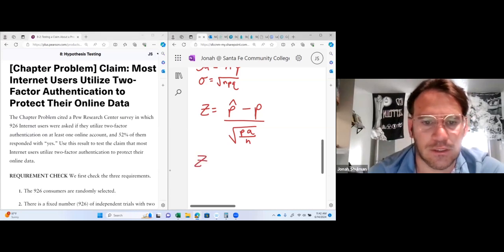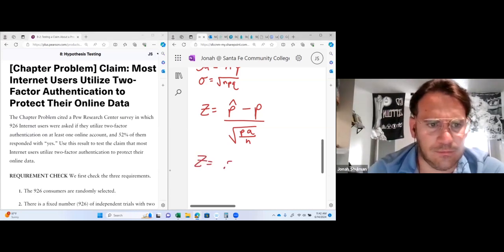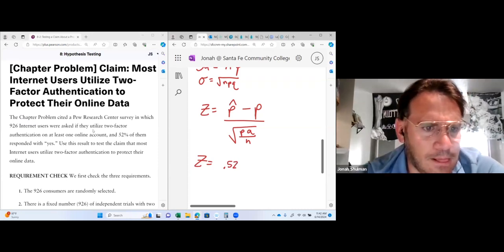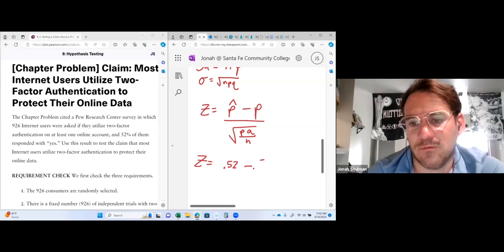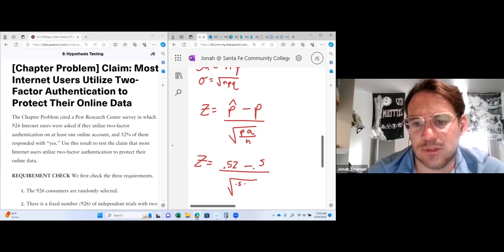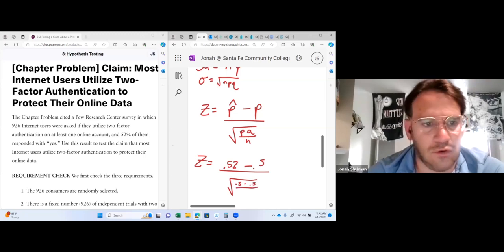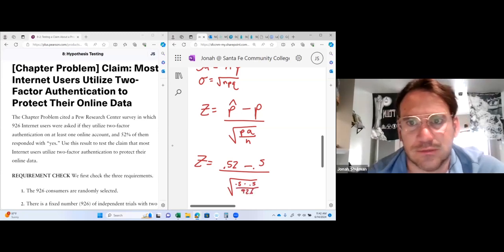So z is, we know it's 0.52. The claim is most, that means 0.5 is the yes, times 0.5, which is the no, over the 926.